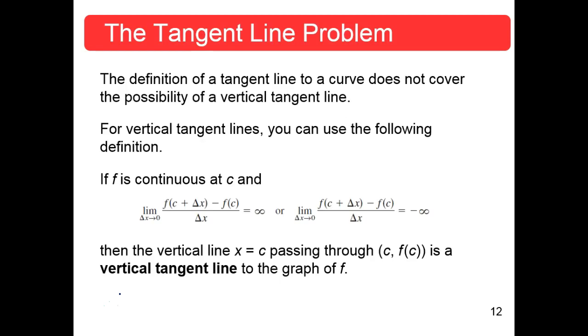So the definition of the tangent line to a curve does not cover the possibility of a vertical tangent line. Why not? That one, the slope was +2. You could have a +3, a 1/2, a 1. Why couldn't you have a vertical tangent line?